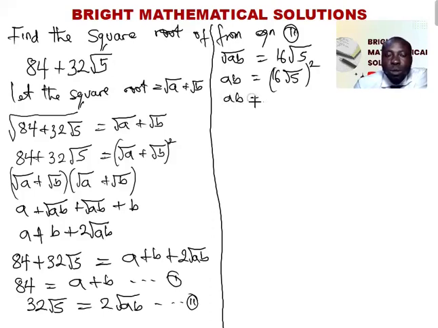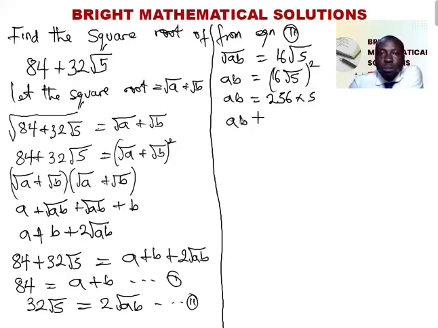So 16 multiplied by 16 gives me 256, and root 5 squared becomes 5. So AB equals 1280. Let us call this equation 3.